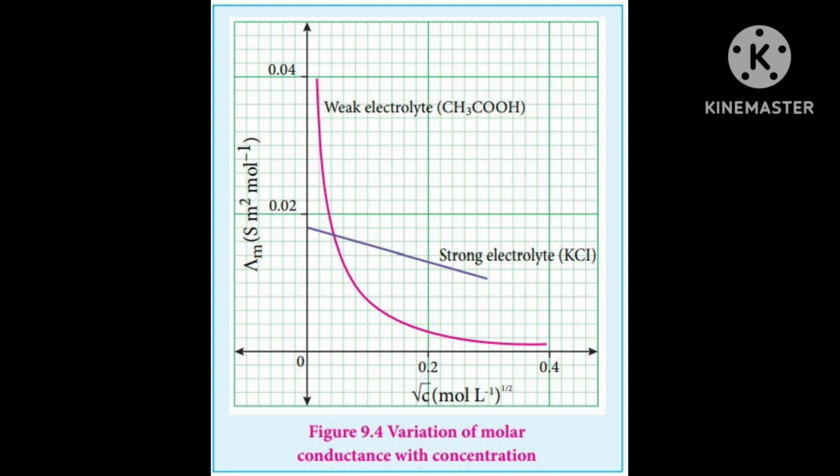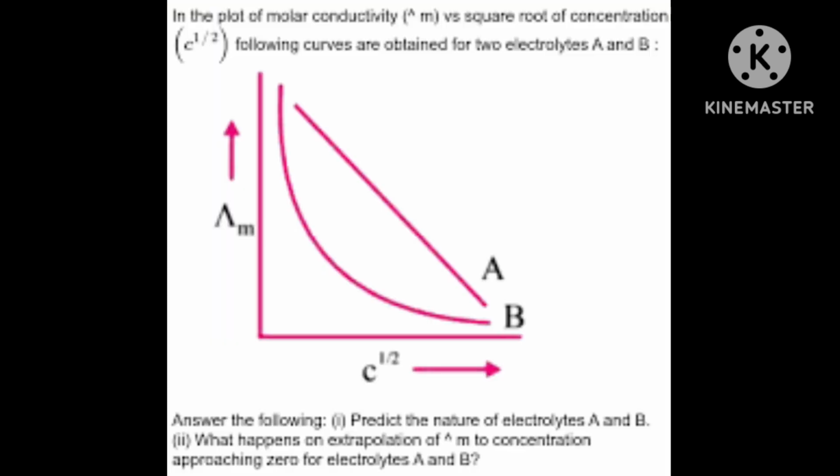Concentration is 0.05 mole per liter means 0.05 divided by 1000. That's why 1000 you have written upside. Then after putting this value and solving you will get the final result, 229.6 Siemens centimeter square per mole.